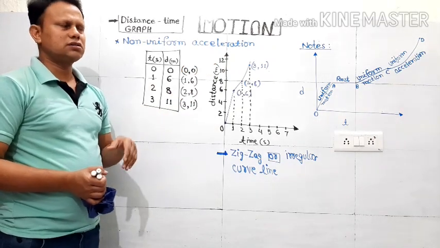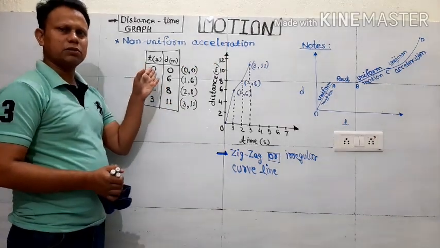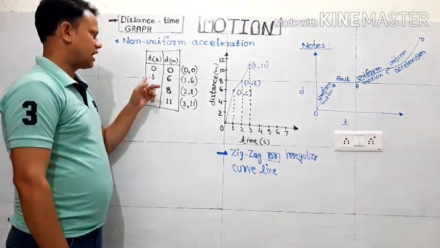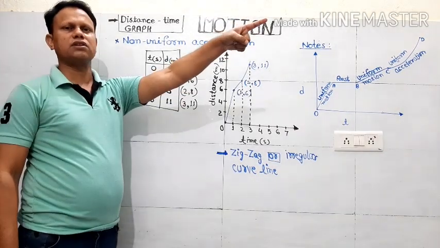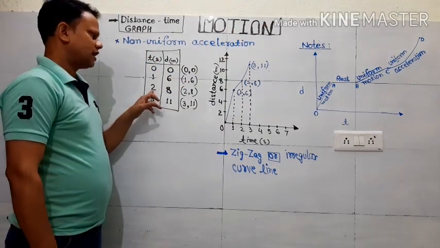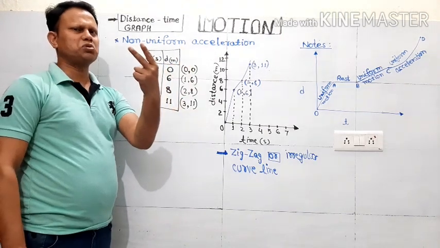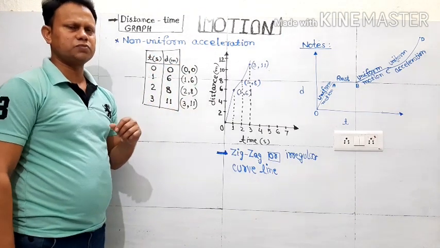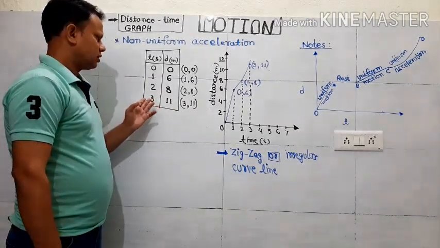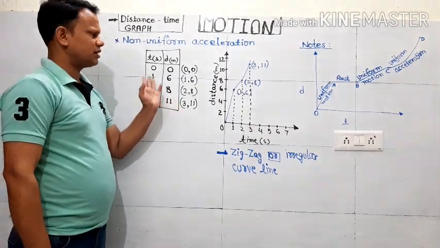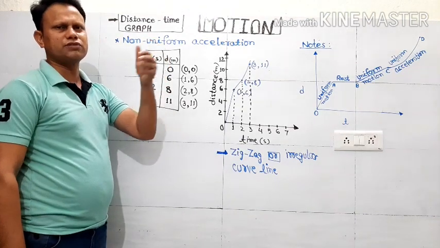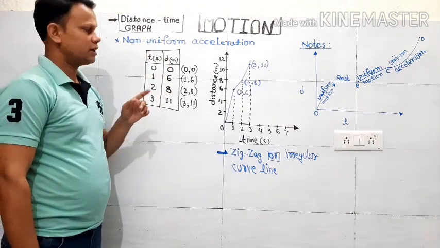So accordingly, suppose I have made a table like at 0 second 0 meter, that was just beside me. After 1 second, I see the object has traveled a 6 meter distance with some value of acceleration. Then after 2 seconds 8 meter, that was only 2 meter, it has changed its position with some value of acceleration. Then after 3 seconds 11 meter. So there is an irregular positioning of the object with respect to the observer.